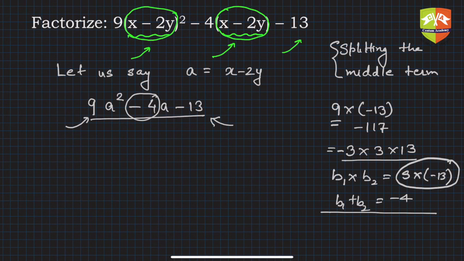So if you see, guys, if I take b1 as minus 13 and b2 as plus 9, you will see the sum is minus 4, right? This is how you have to break it. Now this becomes simple.